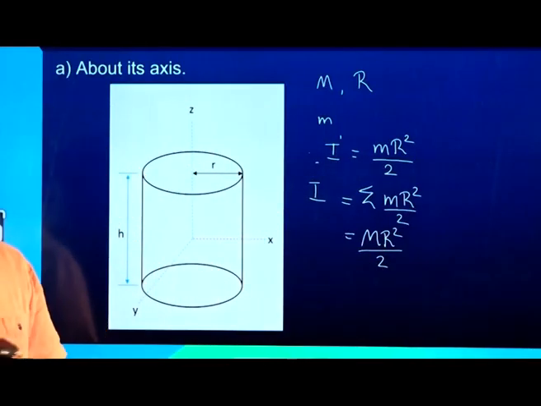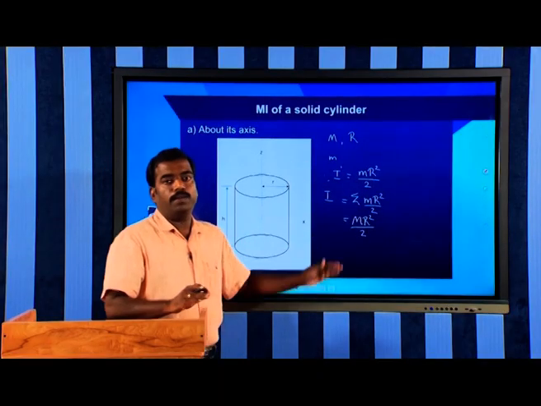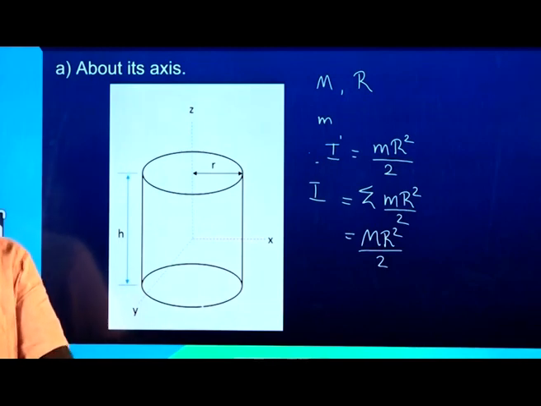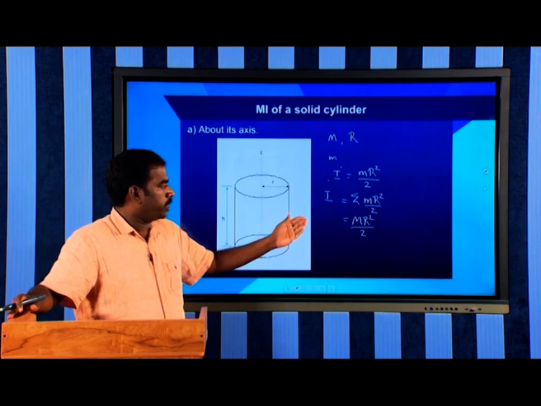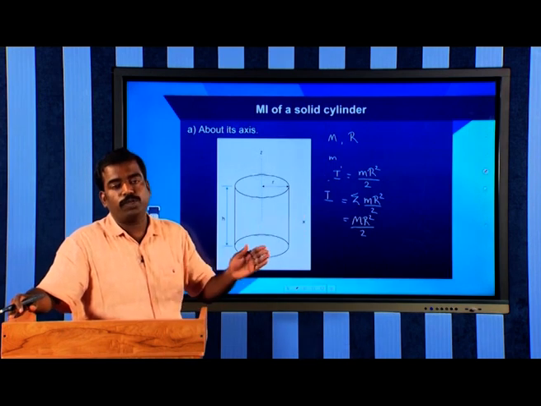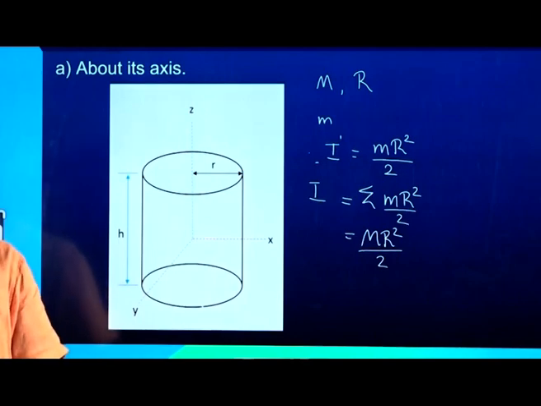This is the moment of inertia of the cylinder about its own axis. The formula is similar to that of the circular disc, M capital R square by 2.